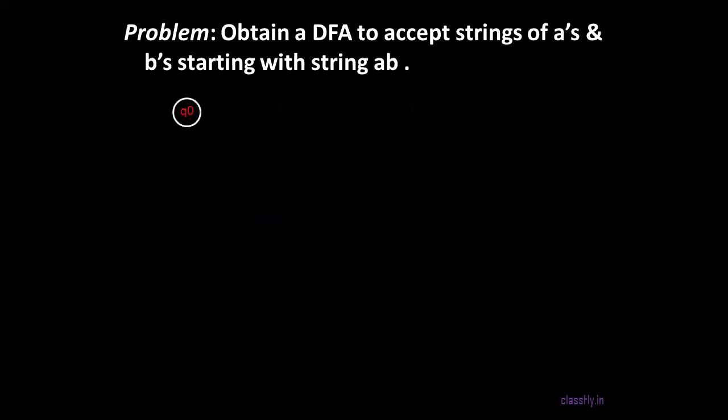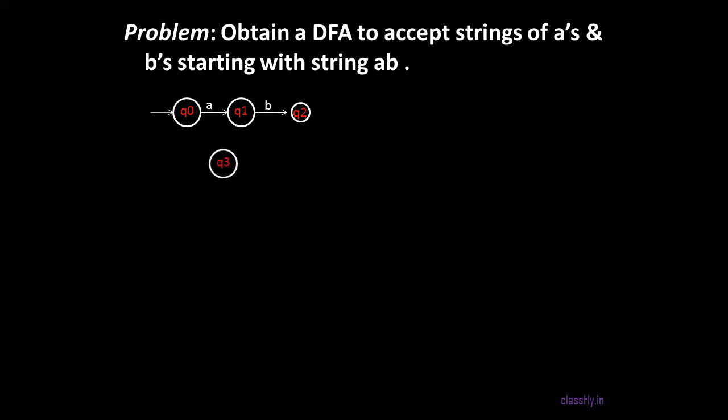Problem statement: obtain a DFA to accept strings of A's and B's starting with the string AB. Solution: Q0, Q1, Q2 are our states. Q0 is the start state. So A and B are mapped from Q0 to Q1 and Q1 to Q2 respectively.